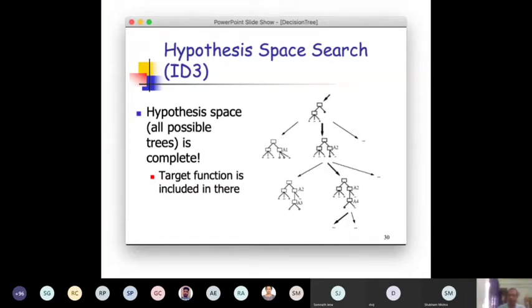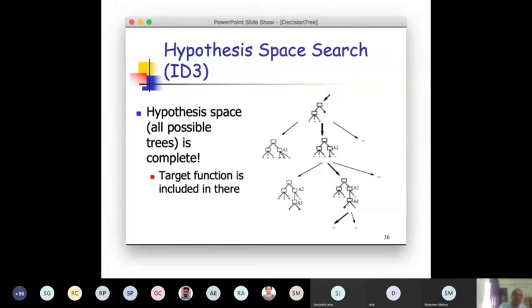That means you are forming a particular hypothesis, but you are trying to split it in such a way that you greedily try to achieve a minimum tree. Though it's a greedy approach, it would not really be the global minimum. It actually tries to get a local minimum configuration of the decision tree.